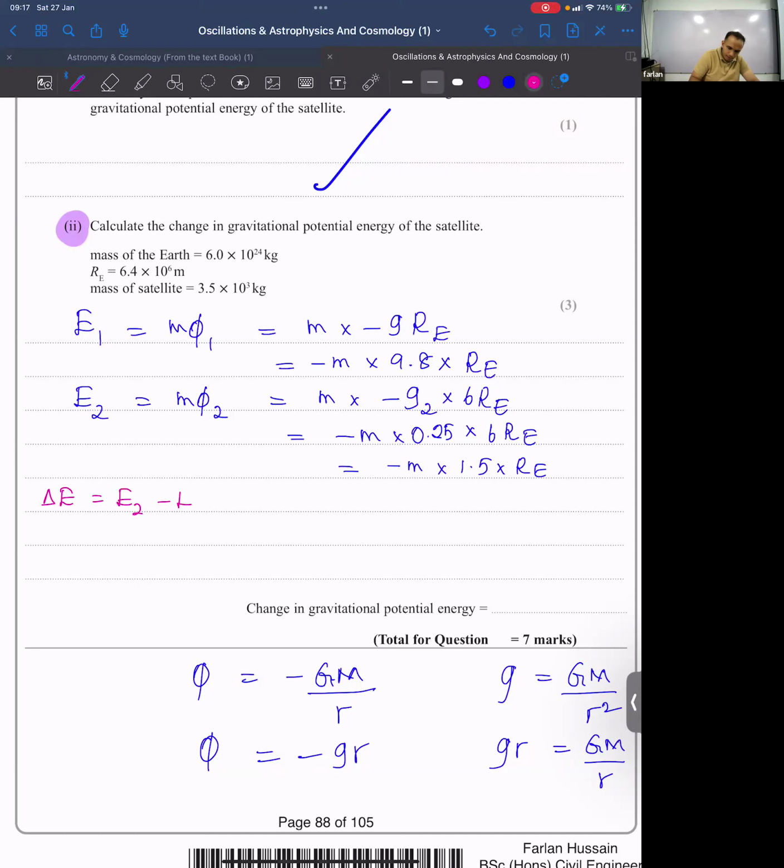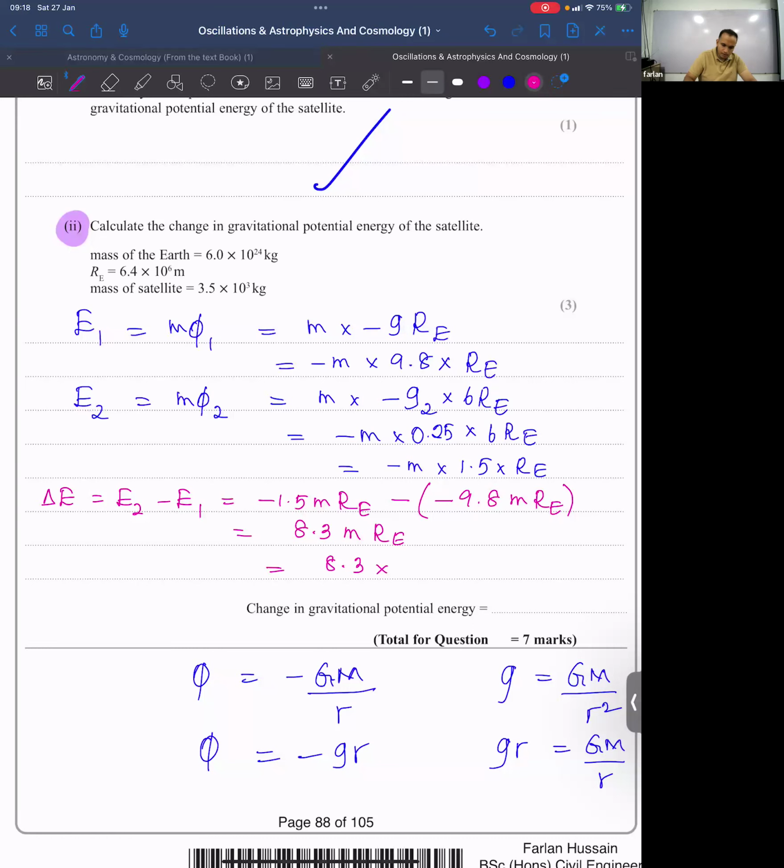So the change in gravitational potential energy is going to be E2 minus E1, final potential energy minus initial potential energy. Final potential energy E2 is minus 1.5 m Re, minus the initial potential energy, minus 9.8 m Re. So minus minus will make it plus. So 9.8 m Re minus 1.5 m Re. 9.8 minus 1.5 is 8.3 m Re.